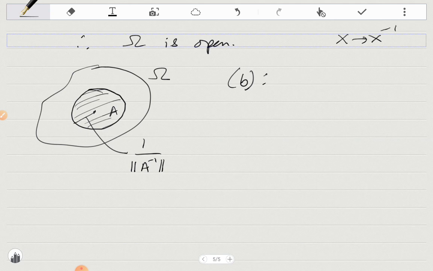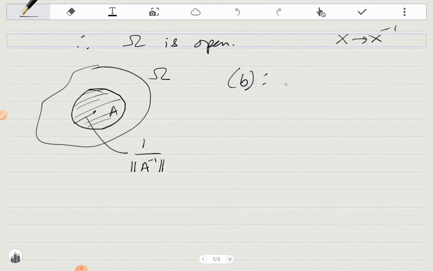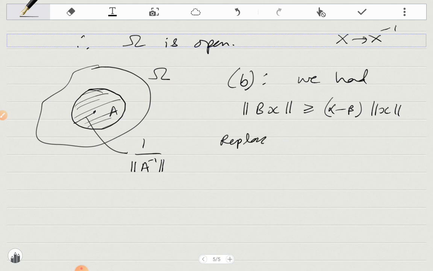Remember, we ended with this inequality: norm Bx is greater than or equal to alpha minus beta times norm x. So let's replace x by B inverse y.